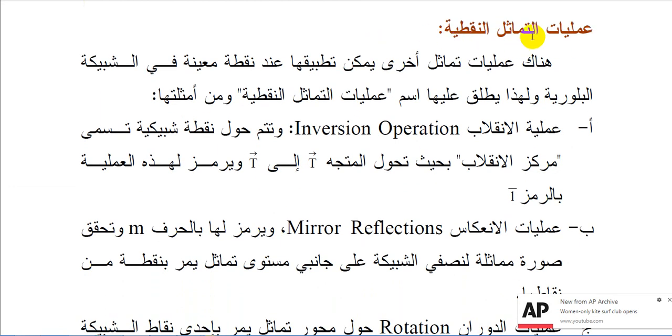Point symmetry procedures. There are further symmetry procedures that can be applied at a certain point in the crystal lattice, which is why they are denoted as point crystal lattice symmetry procedures.